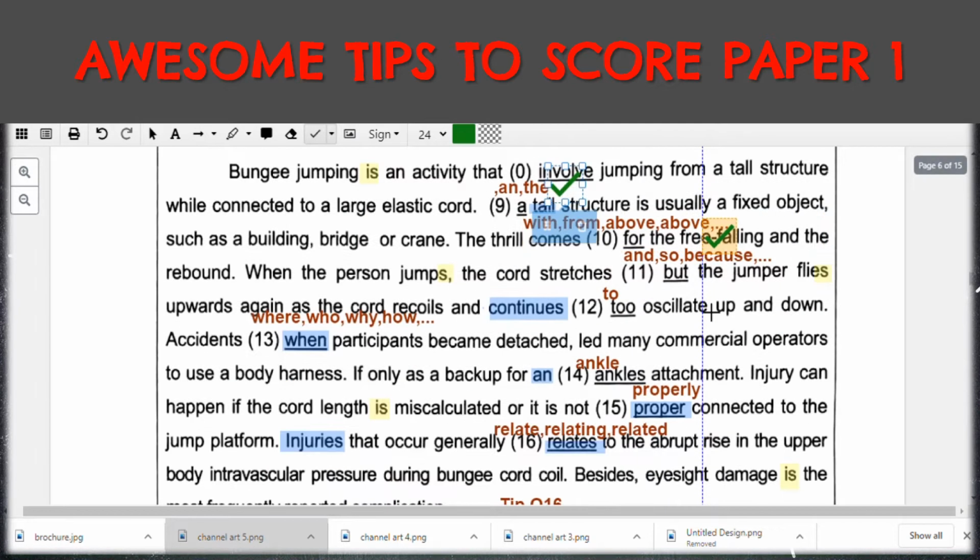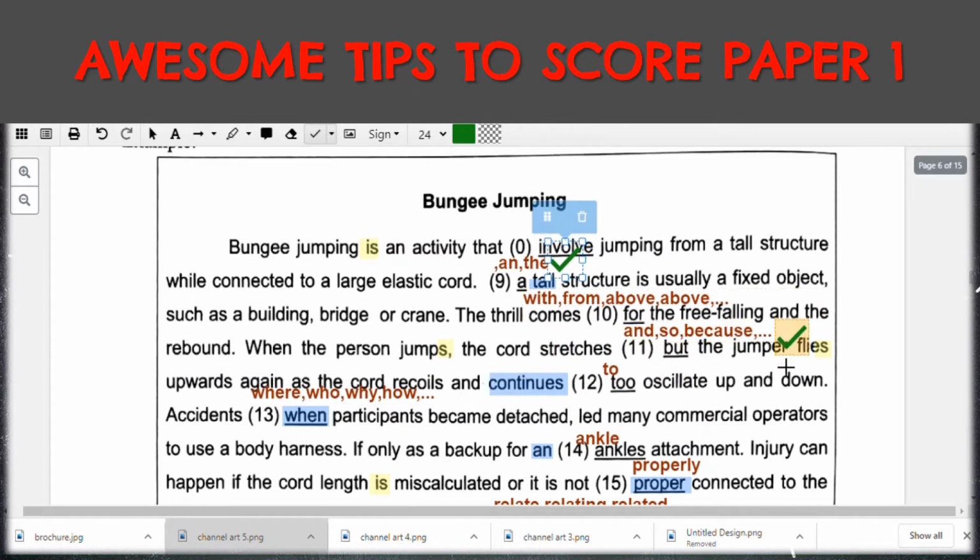Okay, number 9. The trio comes for the free falling. So the "for" here is a preposition. A preposition must be followed by another preposition, so the answers must be from other prepositions. It cannot be other words. What are the examples of other prepositions?